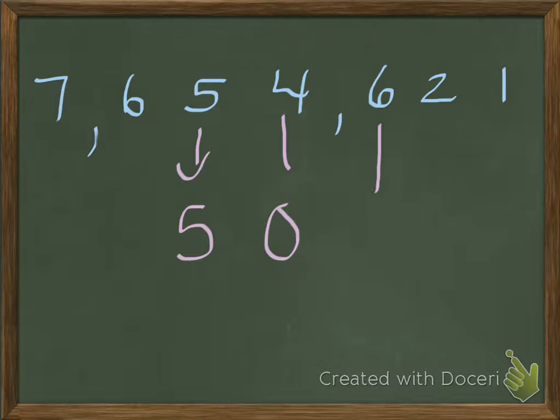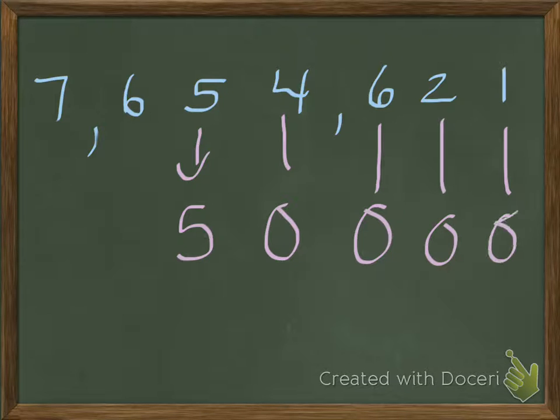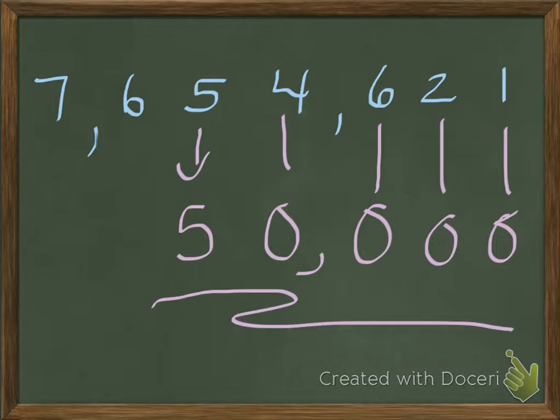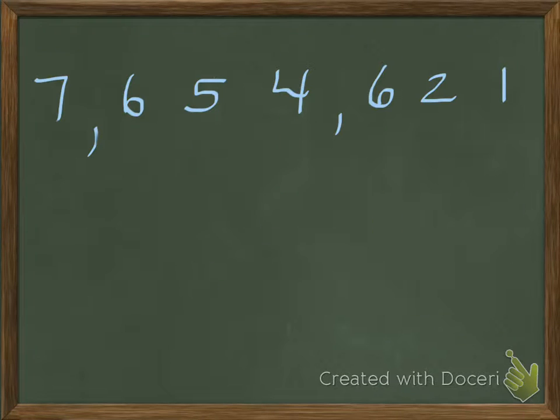Instead of bringing down the 6, you have a 0. Instead of bringing down the 2, you have a 0. Instead of bringing down the 1, you have a 0. So your value for the 5 is not just 5, it's actually 50,000.